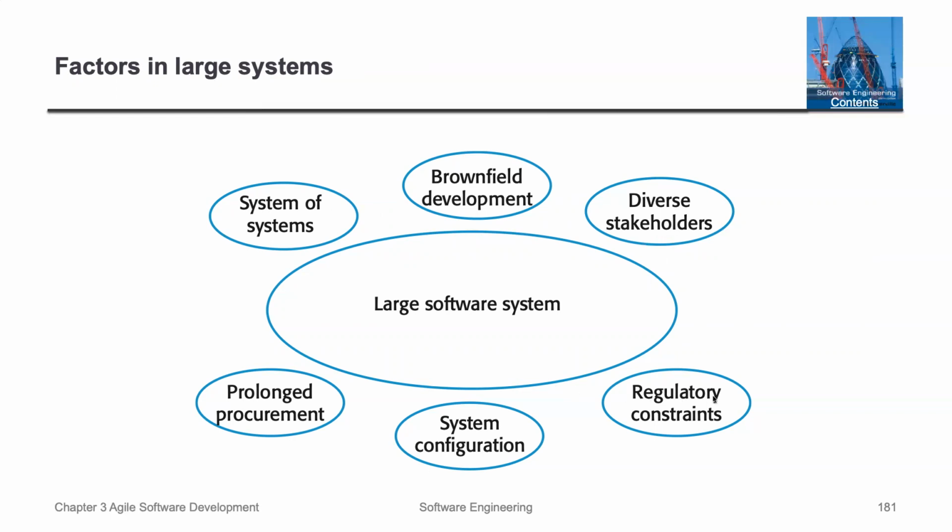If you have a lot of regulation, that can impact how you're going to be developing your software. There's a system configuration of how you're going to configure your system, and things that are done the way your culture, your company, the organization does things. And what about if there's prolonged procurement, or a legacy maintenance role? That can also have an impact on your large software development.